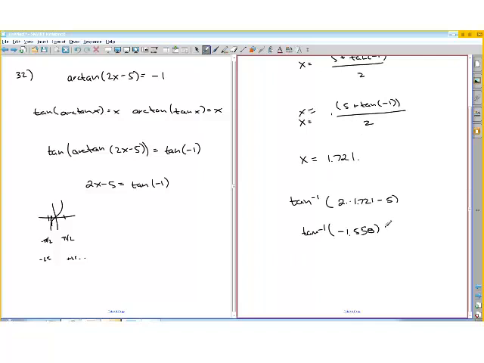So the angle whose tangent is negative 1.558, we do the inverse tangent of that answer, negative 1.558, right parenthesis, and we get, use the negative sign, not the minus sign. And if you do that, you get negative 1.000, and so on. So, is that the right answer? Yes.